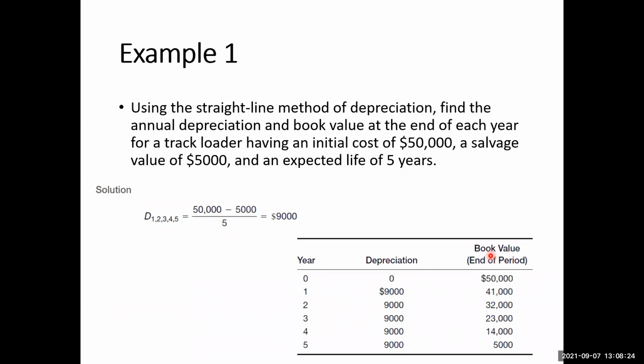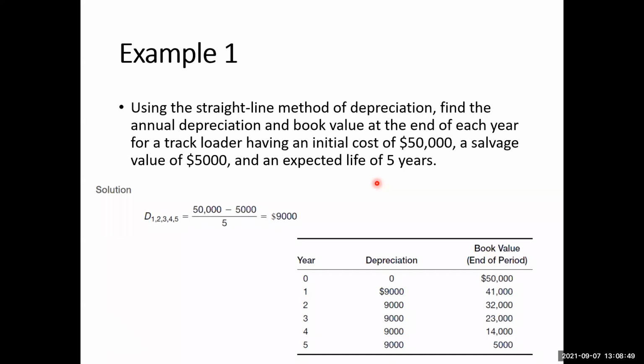You can see that in the straight line method, the book value decreases in a uniform way over the number of years. This is one of the simplest methods, but it is not very useful for tax purposes, because it does not decrease the value of the asset quite rapidly in the initial years of service.